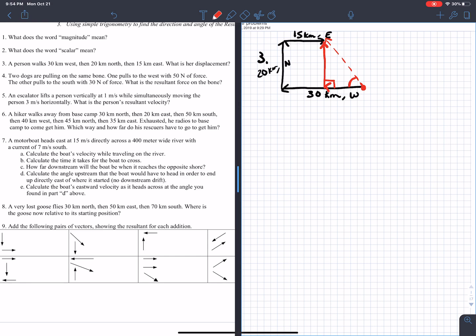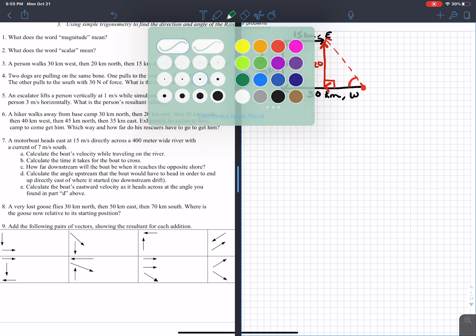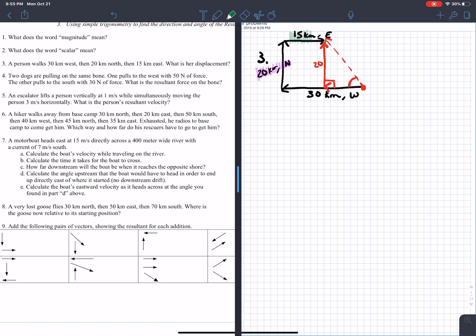Okay, how are you supposed to know the sides? Well, you kind of already do, because this length right here, the y component, that's still going to be 20. Now, the other part of it, the 15 kilometers along the x-axis, we know that the whole length from left to right was 30.